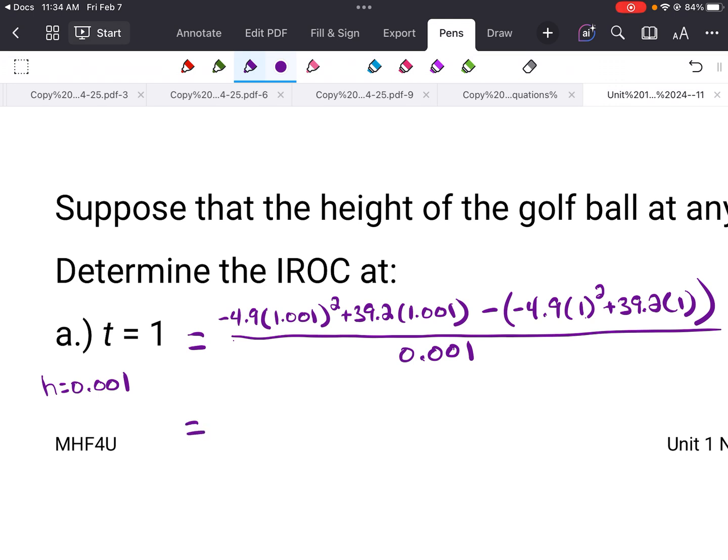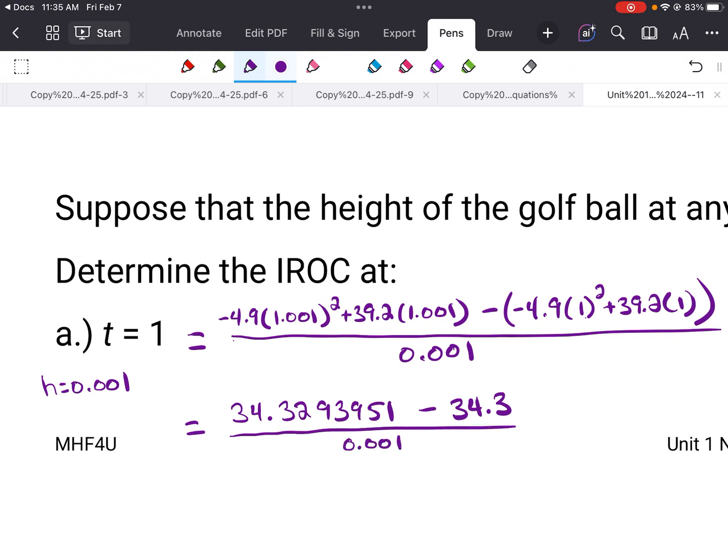When I work out the first function, it's going to be 34.3293951. The second function, when t is just simply 1, we get 34.3. And that gives us an answer of 29.395.